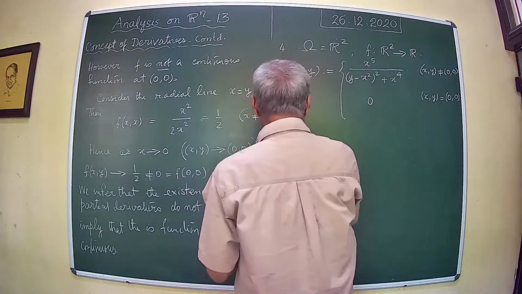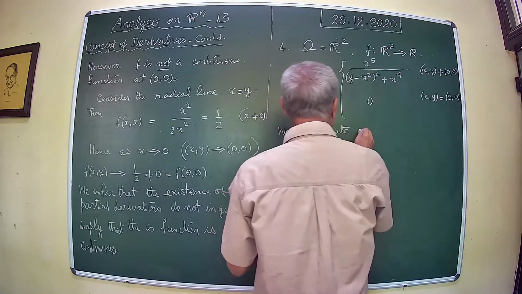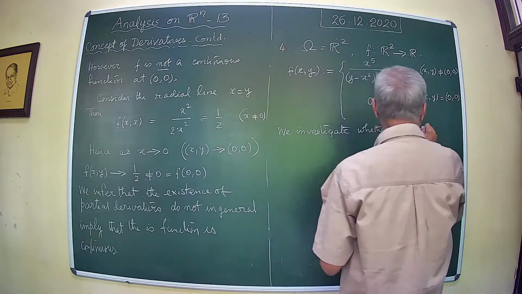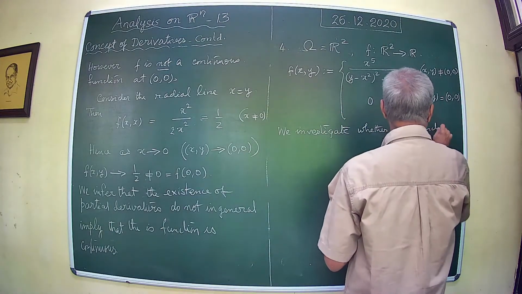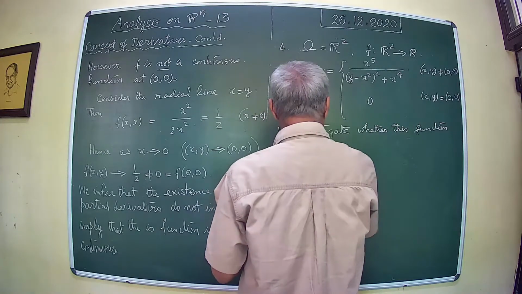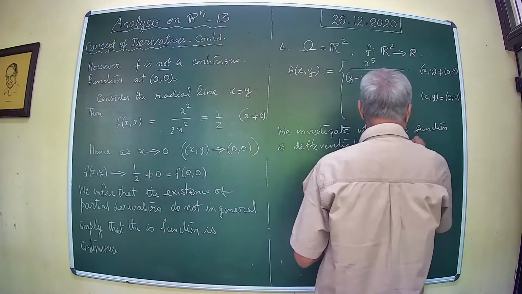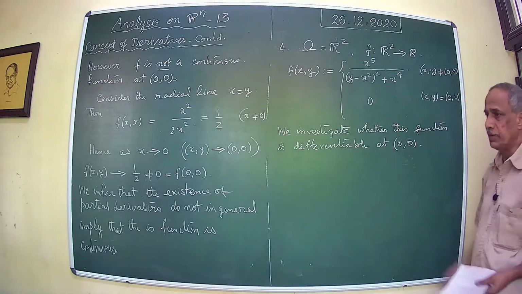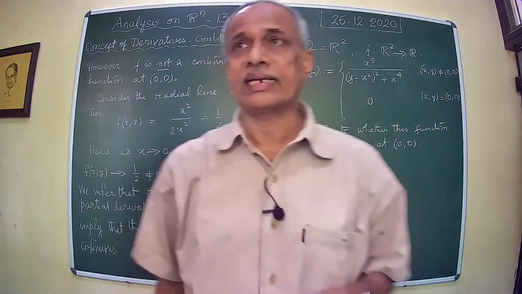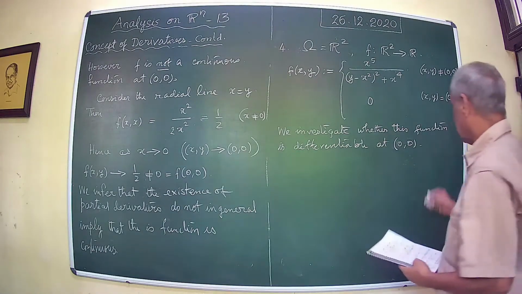So we investigate. Now, differentiable in the sense in which we have defined the derivative, that means there exists a linear operator or linear transformation from R2 to R such that the relation holds. So, this is what we are.